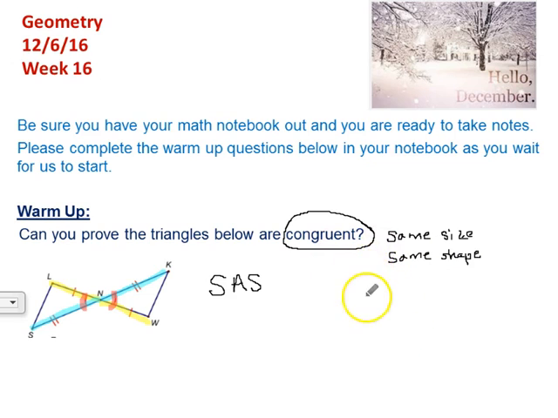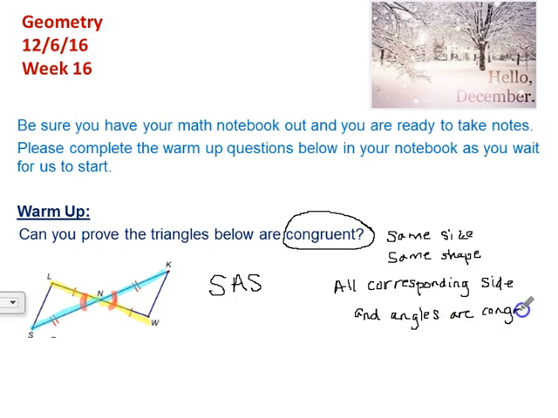But to be congruent, we can take it a step further and say that all corresponding, so when we've got two figures, remember corresponding means located in the same position, all corresponding sides and angles are congruent. They're the same. So when we have congruent, that means that all of the corresponding sides and angles are going to be congruent.